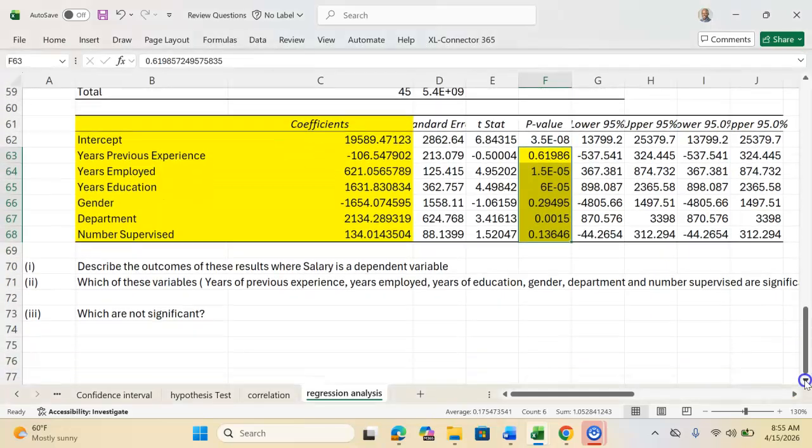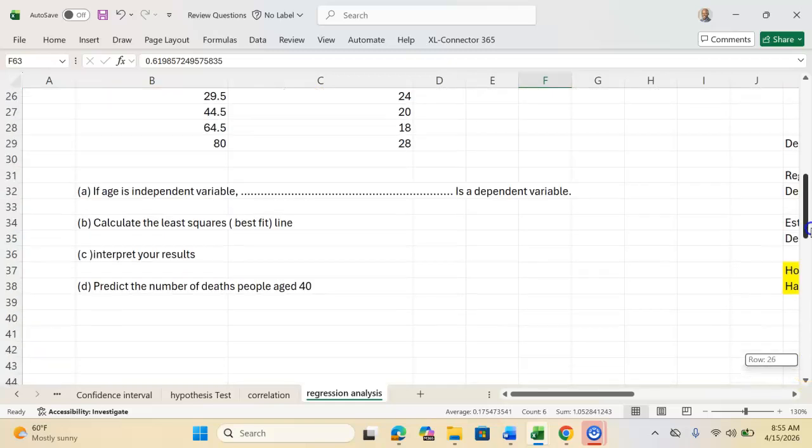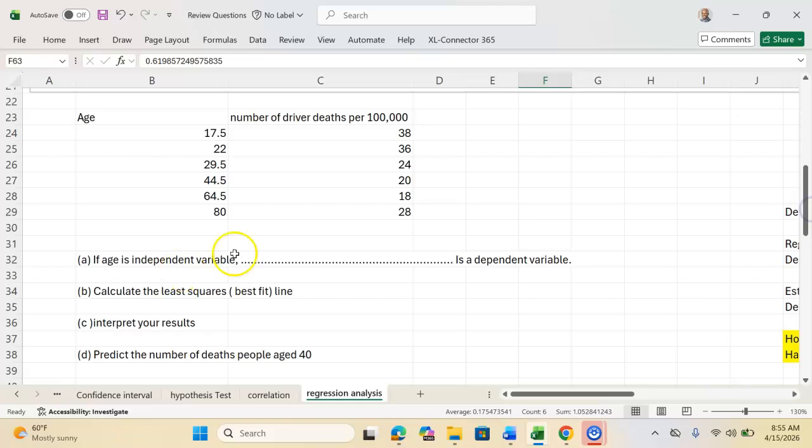So in your exam, I may give you a similar kind of question, or I can give you results and ask you to describe the results, and probably another question which will require you to run regression as we did for this particular question here.